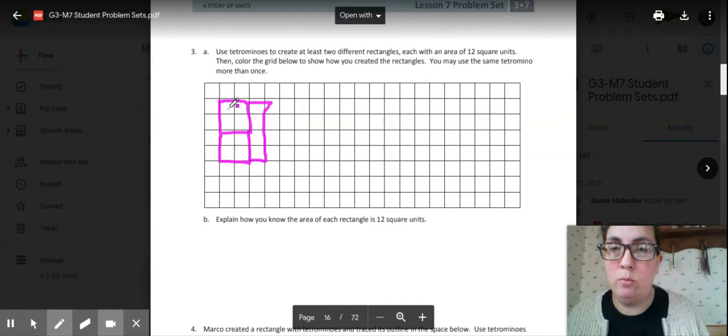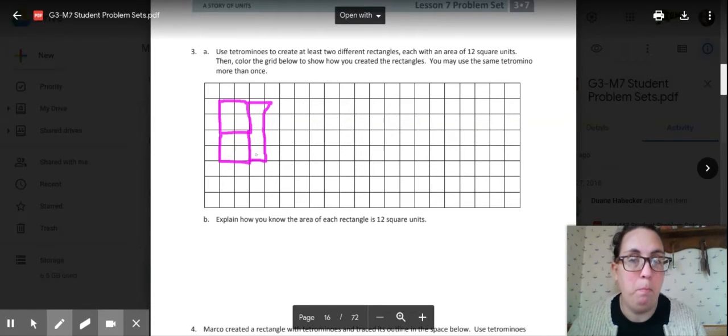And if we count, there's 1, 2, 3, 4, 5, 6, 7, 8, 9, 10, 11, 12. But you don't have to use the 12. You just make two rectangles. Then pause the video to make those rectangles.